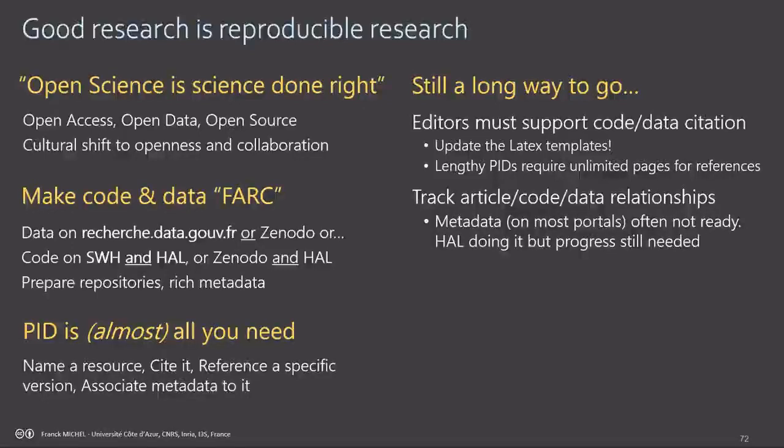Is it because the article describes the software? Is it because the article reports on work that used a software? This is not clear. So we need to have more semantically rich associations between article, code, and data. And that's just a matter of agreeing on the list of properties to describe those relationships. It's not more complicated than that.